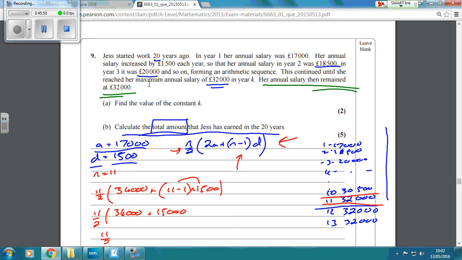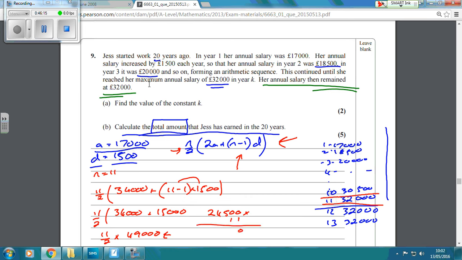So that's 11 over 2 times 49,000. So rather than doing 5.5 lots of this, I'm going to divide this by 2 and then times it by 11. So I'm going to do 24,500 times by 11.